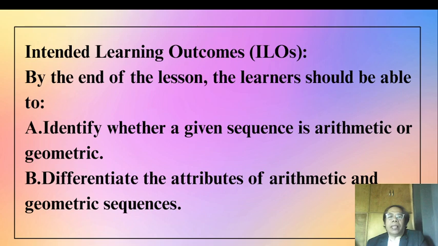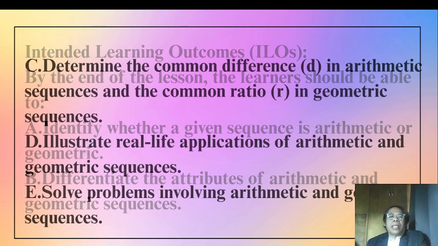Intended learning outcomes. By the end of this lesson, the learner should be able to: A. Identify whether a given series is arithmetic or geometric. B. Differentiate the attributes of arithmetic and geometric sequences.